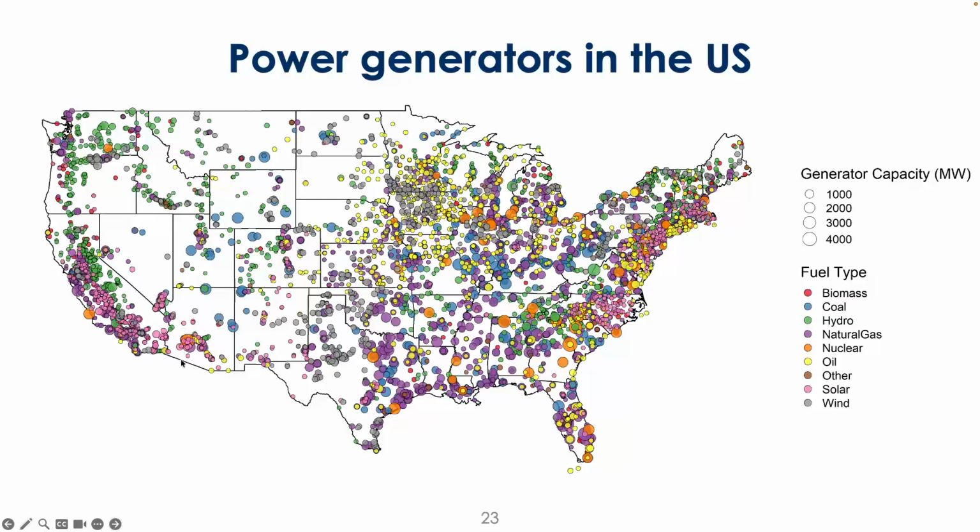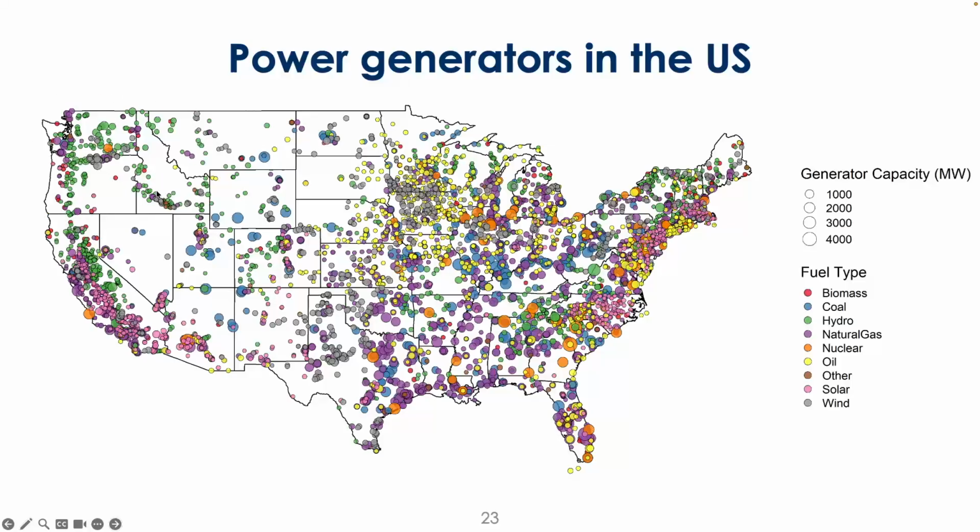So, a couple trends to notice. You'll see, in the state of California, for example, you won't find any blue dots, right? Coal power plants are not allowed to operate in California. In the Pacific Northwest, you have a lot of big green dots, and those are hydro facilities.